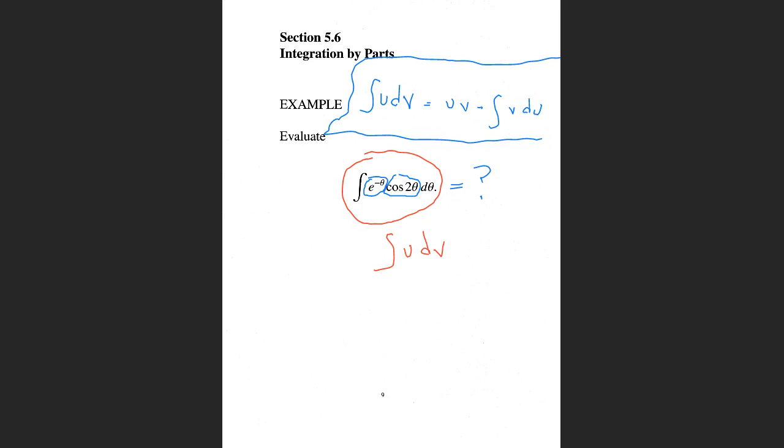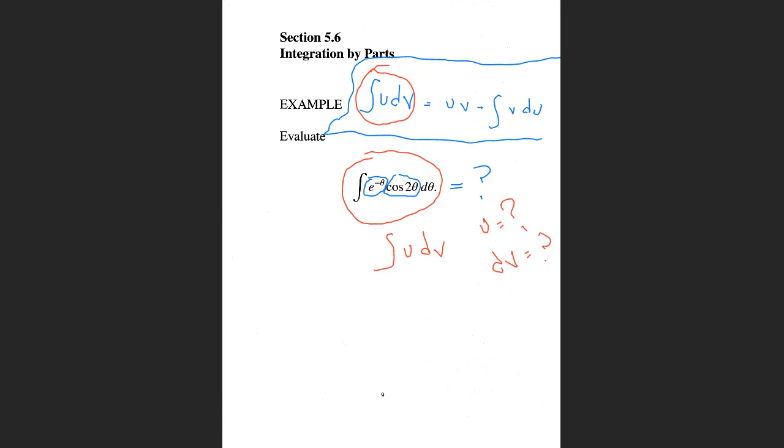So again, we're starting out on the left side of our integration by parts formula. The question is, what's u going to be? And what's dv going to be? We have to decide. Sometimes only one choice will work.